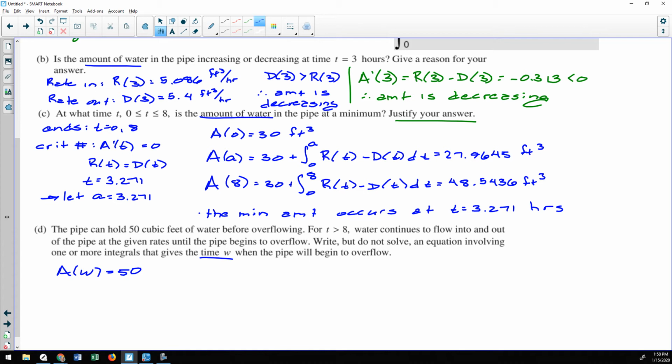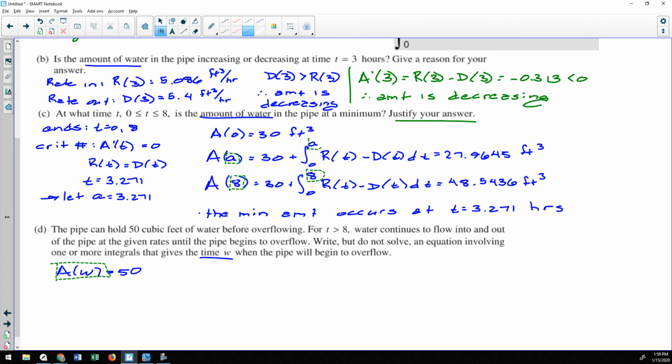What I have to do is figure out an expression to represent A of w, and I'm going to do that the exact same way I computed my amounts in part C. To know my amount at time 3.271, I did 30 plus the integral from 0 to 3.271. For the amount at time 8, I did 0 to 8. And so I'm going to do the exact same thing.